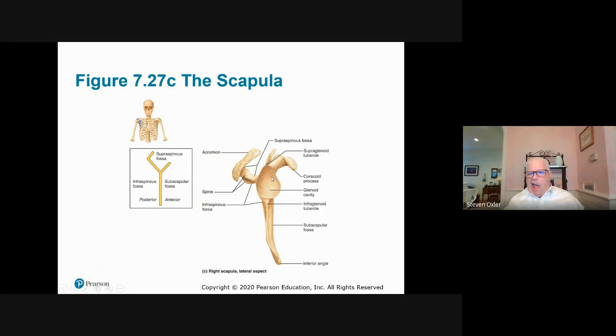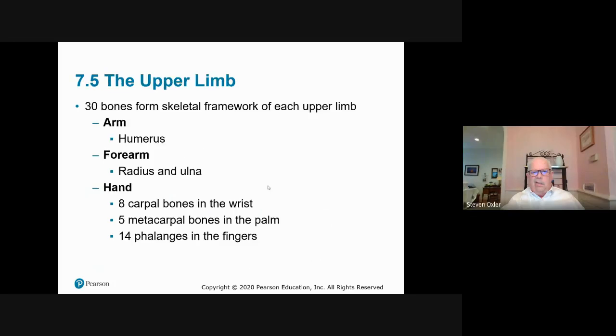This is where the head of the humerus sits. This is where you have your shoulder joint, known as the glenohumeral joint, because the humerus sits in the glenoid cavity.